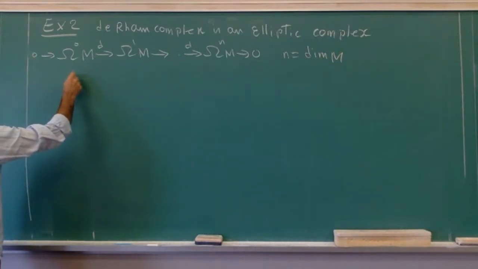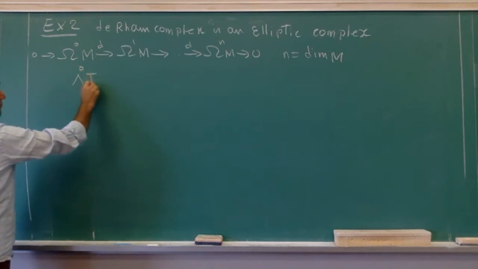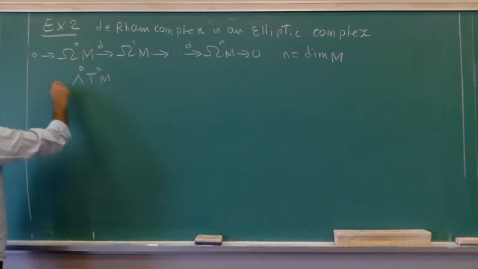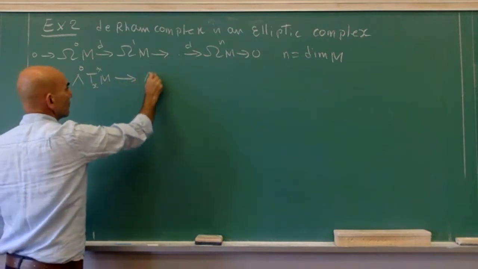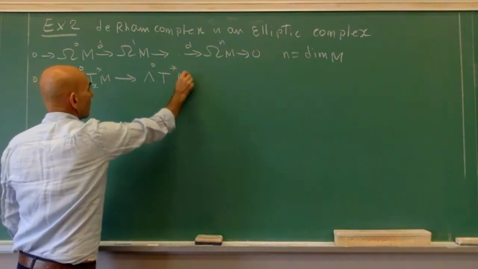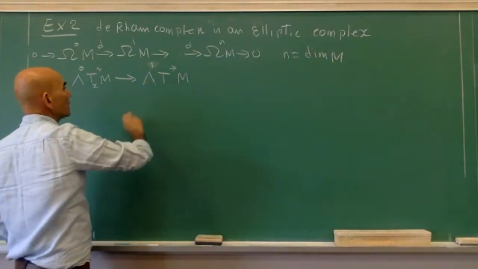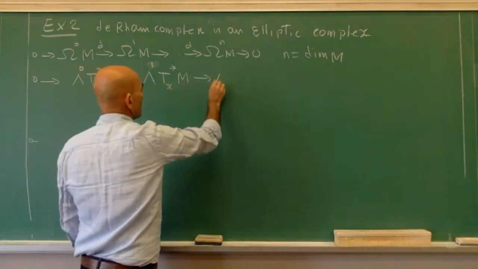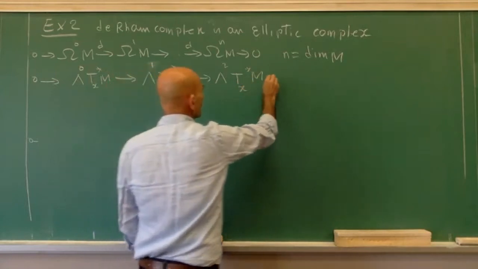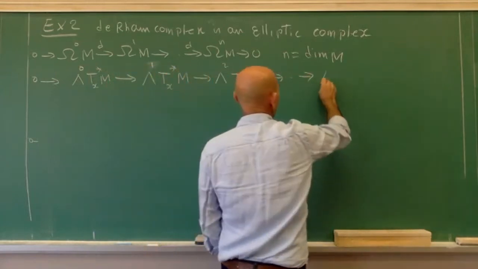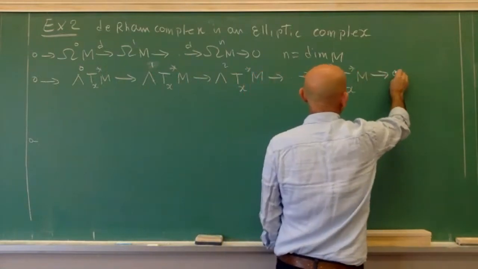Of course, the symbol complex is: we have here wedge 0 of T*M at x, then wedge 1 of T* at x, and then wedge 2 of T* at x, and then wedge n of T* at x, going to 0.